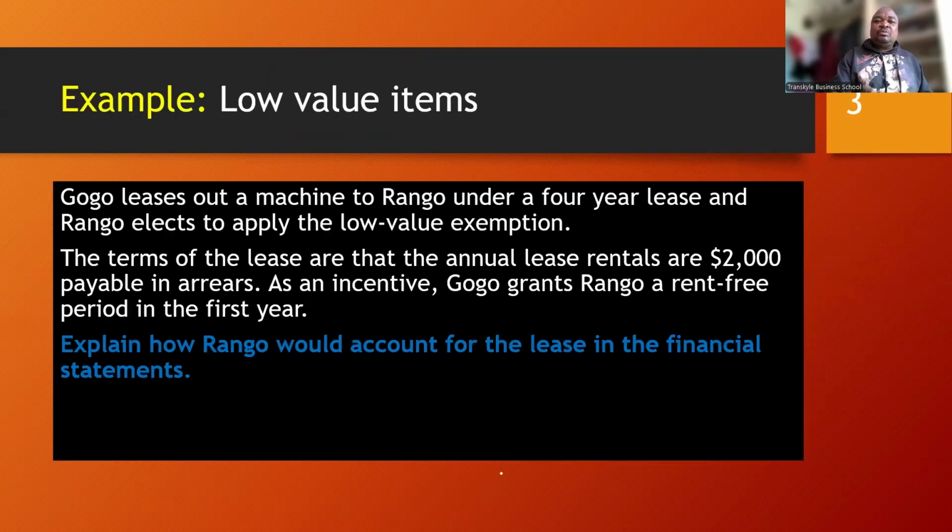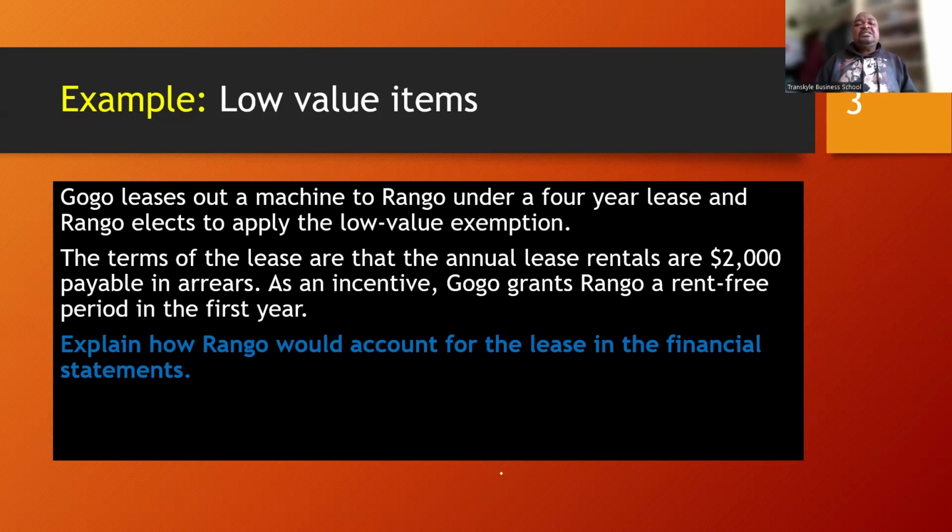Let us try to push it further with an example. Google leases out a machine to Ranco under a 4-year lease, and Ranco elects to apply the low value exemption. So he chooses to apply the low value exemption. Like I said, even if you choose to apply the low value exemption, it doesn't mean that you are no longer using your senses. Your senses should continue to work.